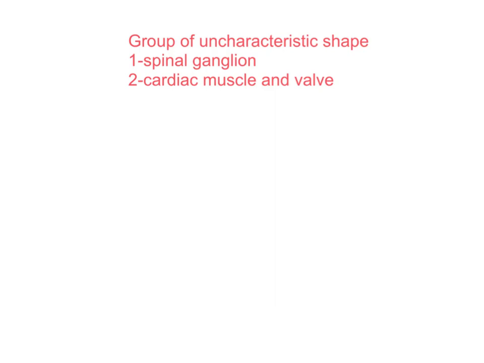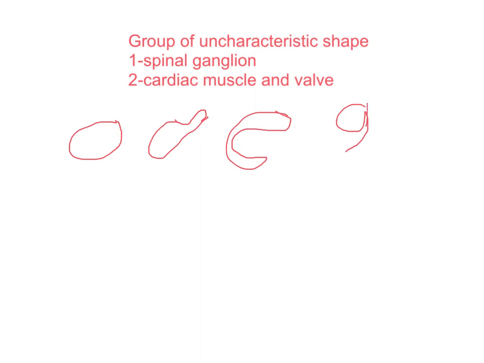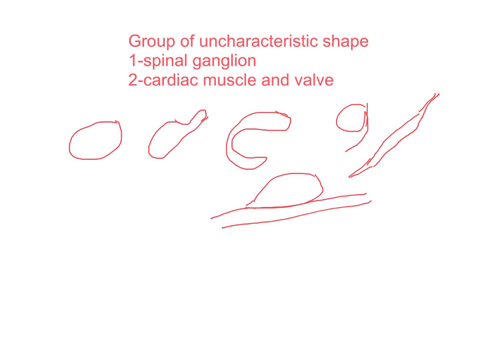In this slide of the spinal ganglion, the ganglion may come with different shapes, maybe like this segment, or a segment with an extension like this, or a segment with an extension downwards, or comma shaped, or a segment with extension from both ends, or a ganglion here with this line representing the nerve fibers.